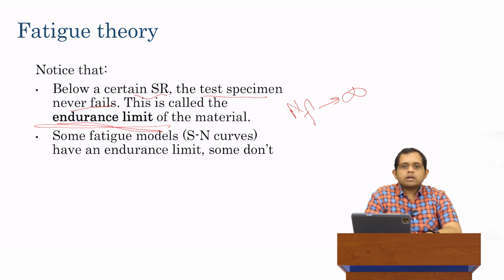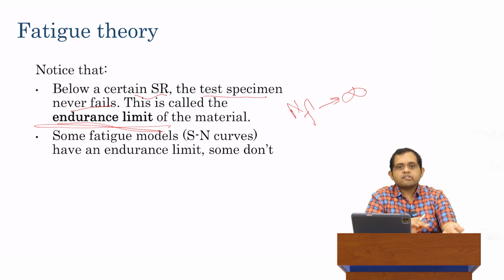Now, I should point out endurance limit is a very commonly used idea, and in the Indian procedure for designing rigid pavements, which we'll talk about several lectures later, the concept of endurance limit is used. But let me point out that all fatigue models do not have endurance limits. As I said, there's no one unique fatigue model. Depending on the stress ratio being applied, depending on the testing conditions, frequency, etc., you have different types of tests which can be conducted. Some of them will yield an endurance limit, some of them do not.